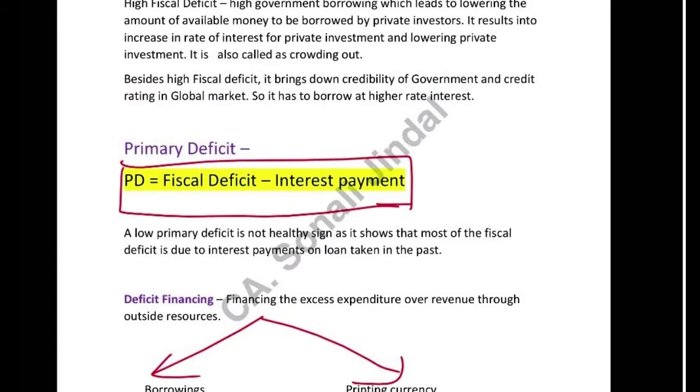If we reduce interest payments from the fiscal deficit, what does it come to? Primary deficit.